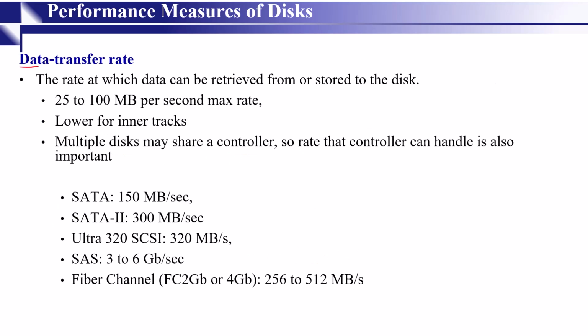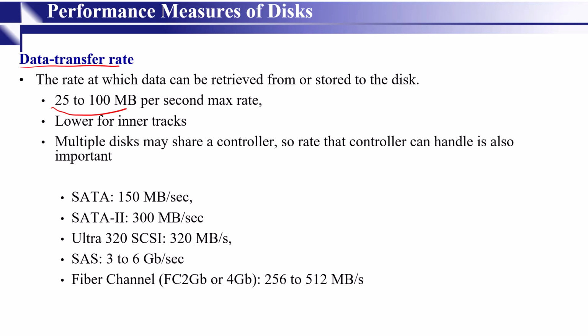Data transfer rate refers to the speed at which data can be read from or written to a disk. Typically, the data transfer rate ranges from 25 to 100 megabytes per second, but this can be lower for the disk's inner tracks due to the way data is physically arranged on the disk.